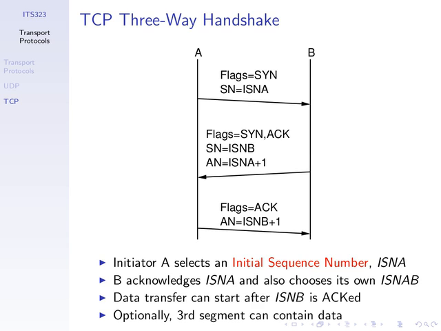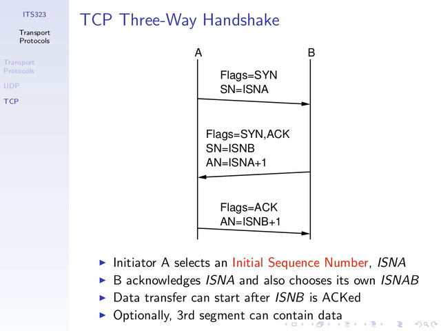A sends back an ACK with ACK number 1442. 10 bytes: 1432, 1433, up to 1441.